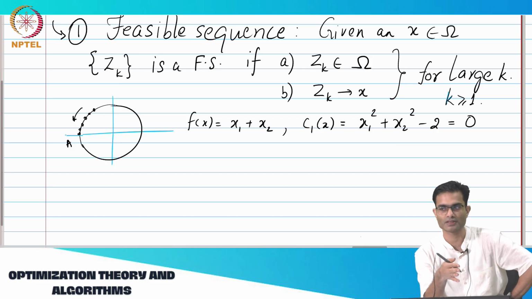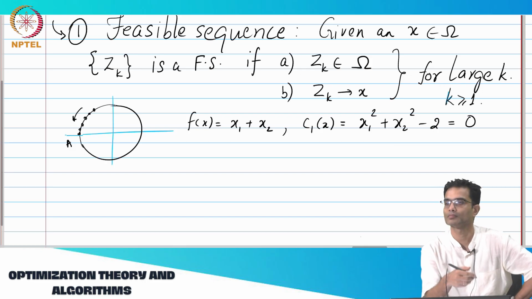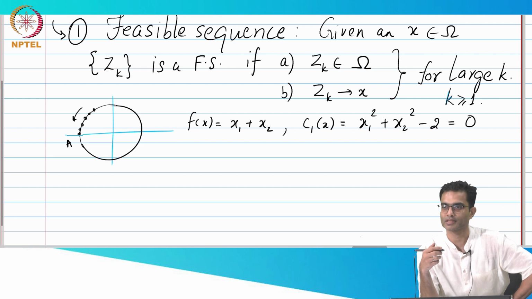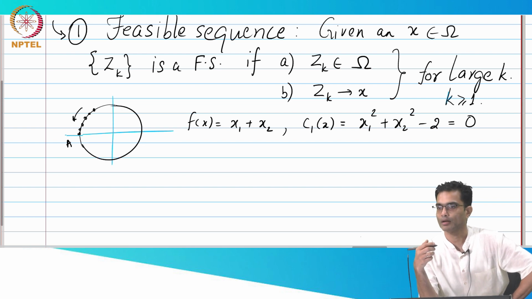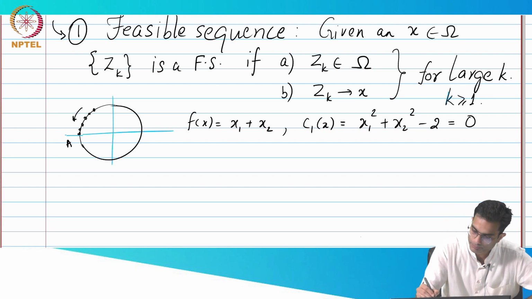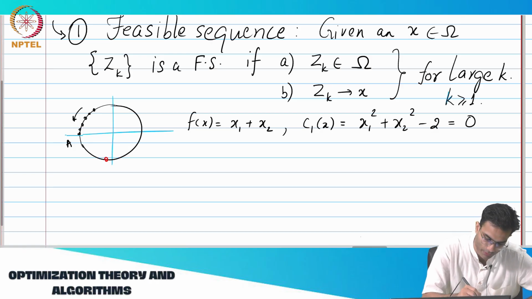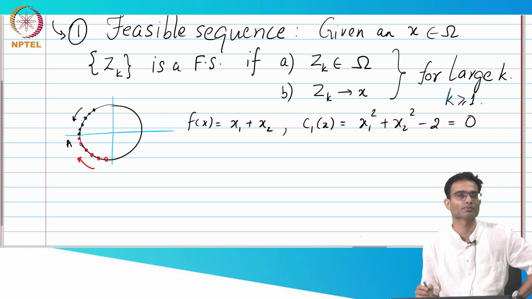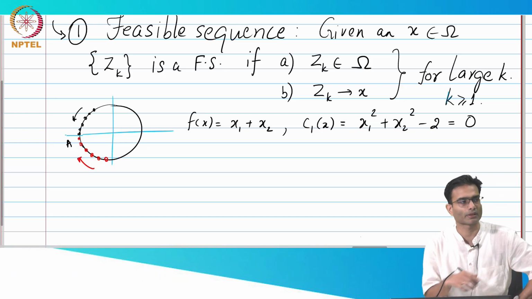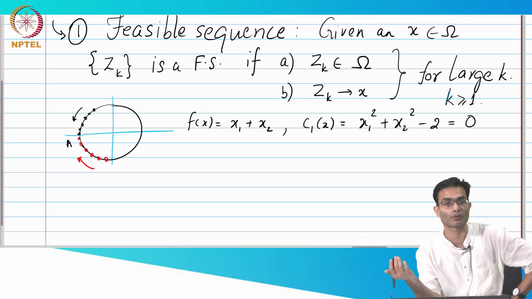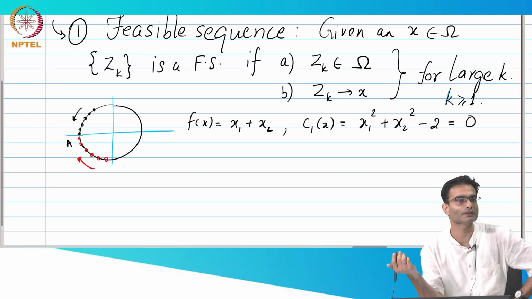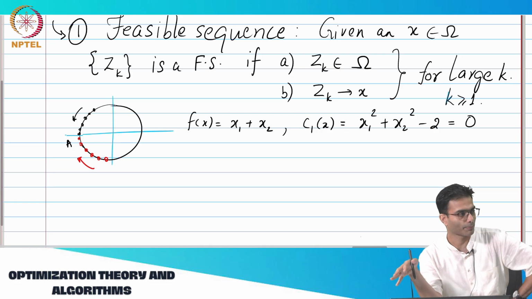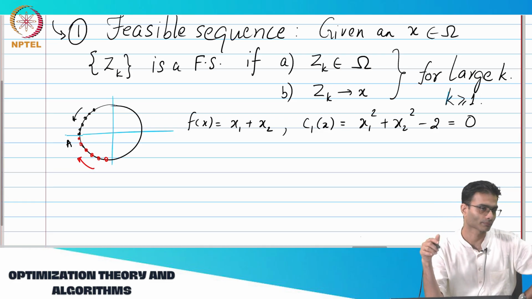It lives on the feasible set and it is approaching the point A as I increase my index, right. Another sequence could be, for example, if I start from somewhere here, and then as I increase my k, this could be another feasible sequence, okay. There are in fact infinite possible sequences that I can define that live on omega and approach my point A, okay.